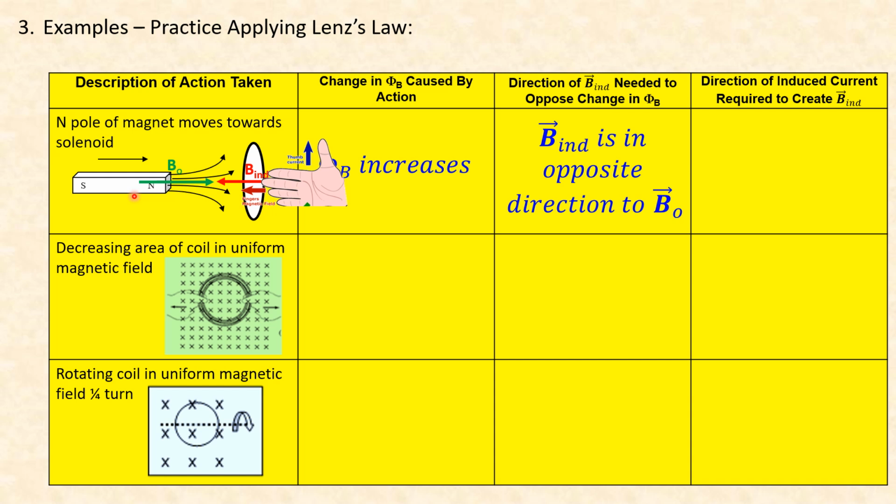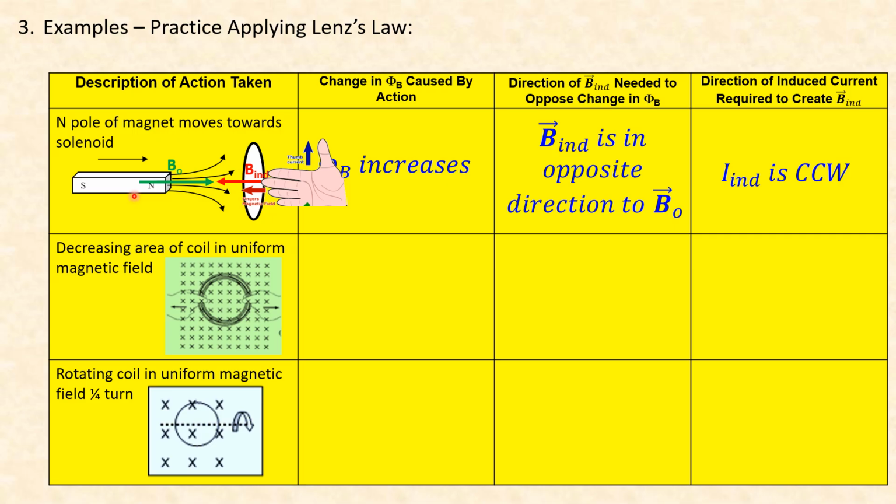When we do that, our thumb is going to point in the direction of the induced current. And when you are looking at that loop from the left-hand side, you will see that the direction of that induced current is counterclockwise.